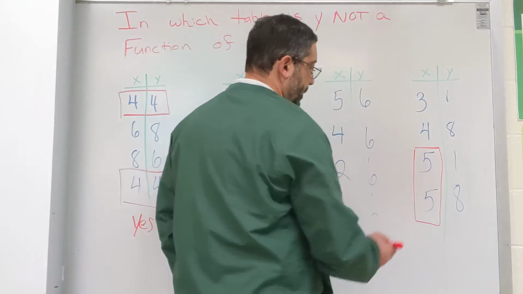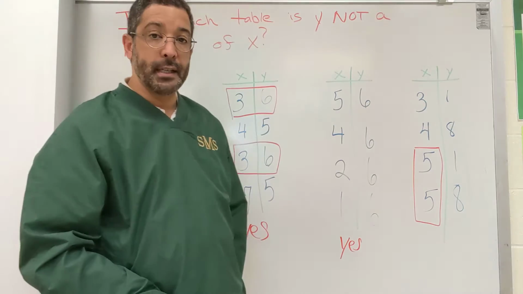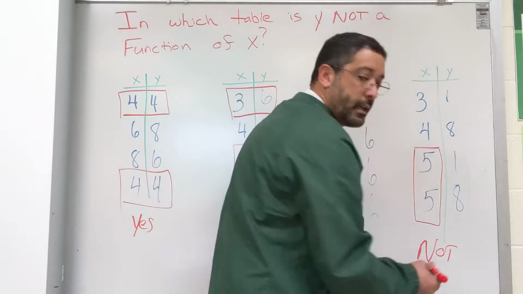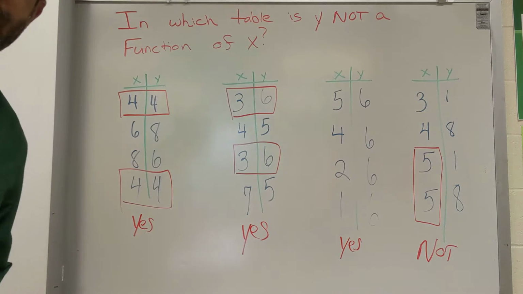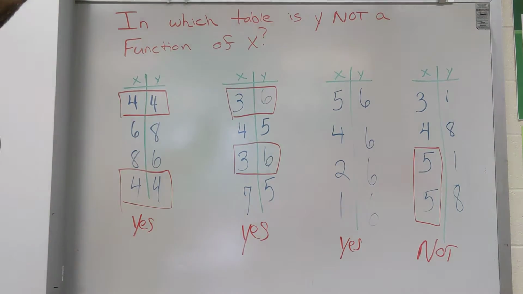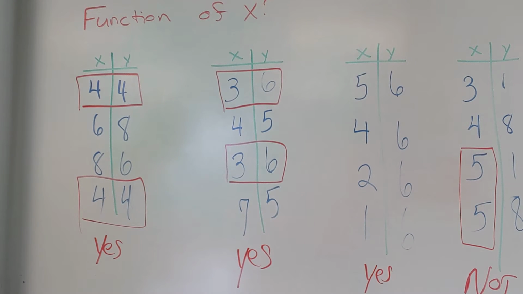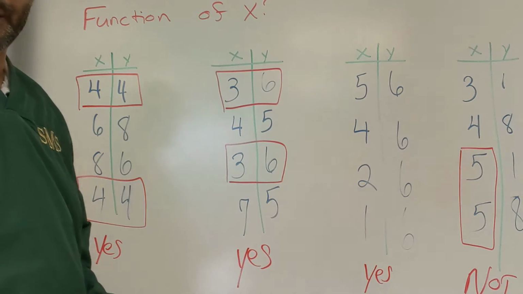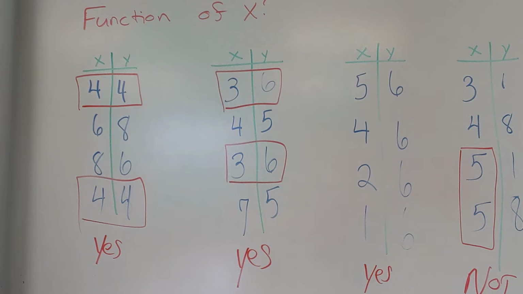So since these are repeating, and it's not an ordered pair that's just being repeated in the table, this one is not a function. All right, so let me zoom that in for you real quick so you can see a little bit better. And hopefully the explanation is satisfactory. We'll do more of these. Okay, so that's what it looks like.